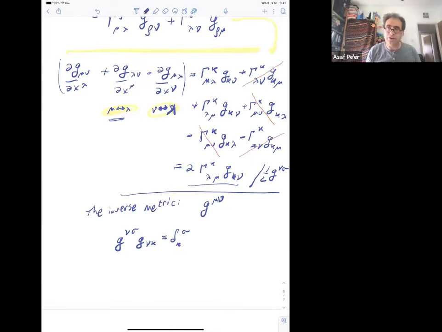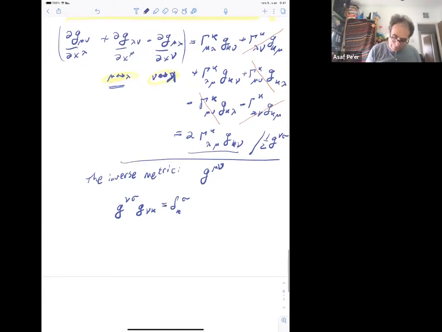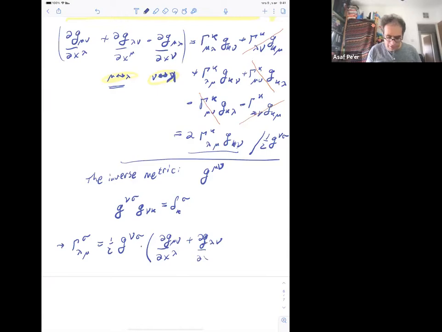So instead of kappa, I need to put a delta. That means that gamma sigma lambda mu is equal to 1/2 g mu sigma times dg mu over dx lambda plus dg lambda mu over dx mu minus dg mu lambda over dx.